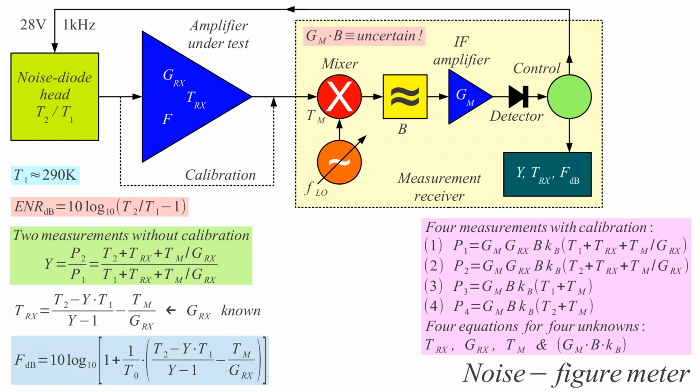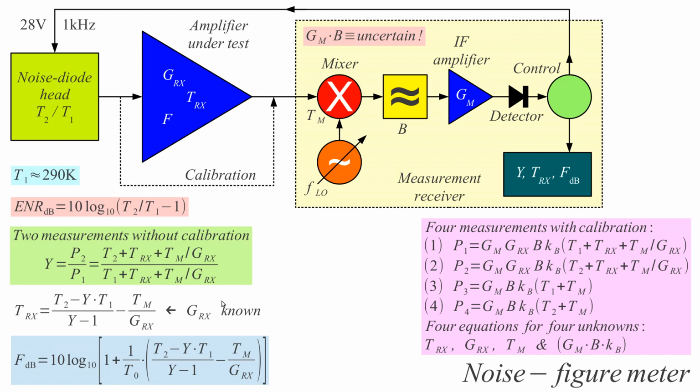How do we make the measurement? We measure the Y factor here. The Y factor contains the temperature of the amplifier under test, but also the noise temperature of our test equipment divided by the gain of this amplifier.